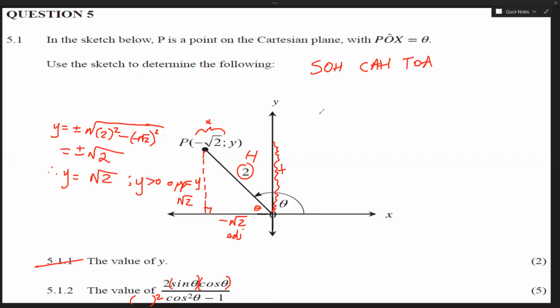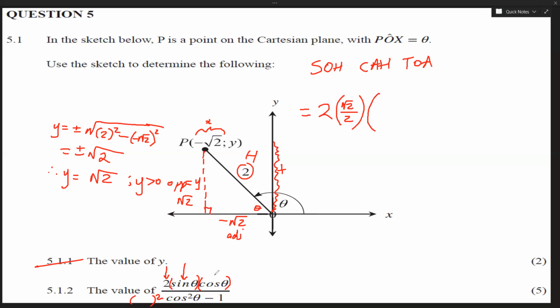Awesome. So now we can do our substitution. I have 2, which is this one. And then the sine theta, I'm going to replace it by opposite divided by hypotenuse. So my opposite is square root 2, my hypotenuse is 2.